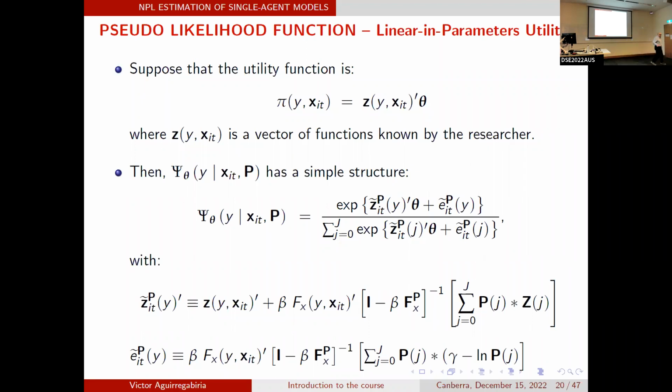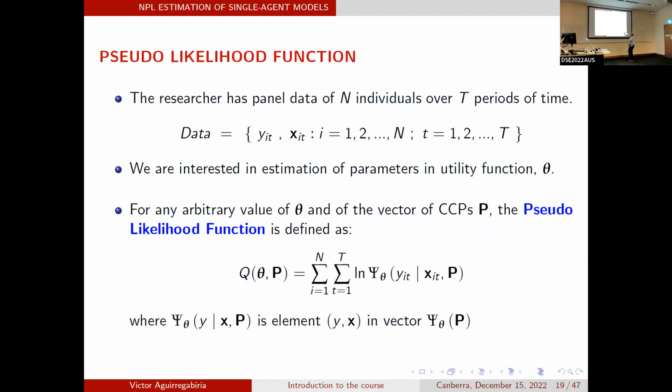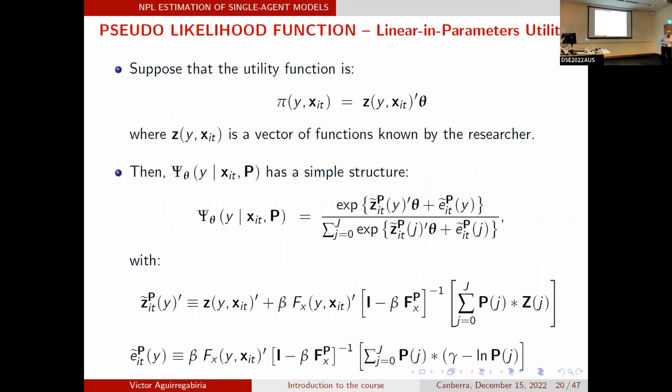Let me say, remember the structure of the best response, or the policy iteration function, when we have this linear in parameters utility function. What is this policy iteration function? It is just a logit expression. Basically what we have in this likelihood are logit probabilities, or at least we have logit probabilities once we have calculated this Z tilde and E tilde.